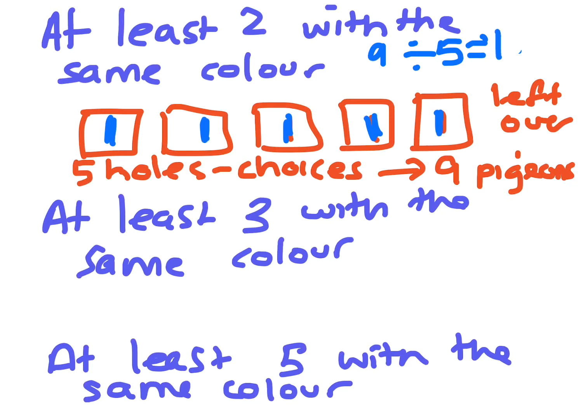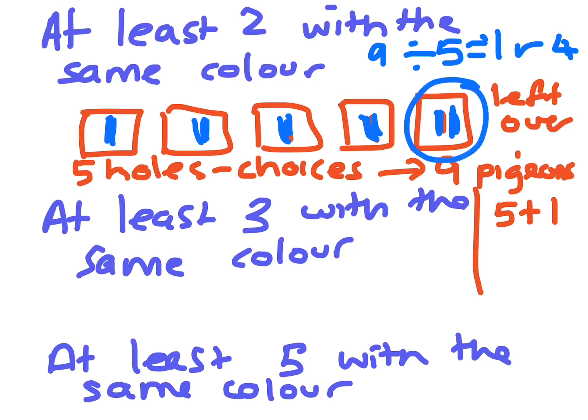You get 1, with a remainder of 4 left over. So if you put 5 of them in one hole, once you get to the next one, which is 5 plus 1, so once you get to the 6th pigeon and you go to place the 6th pigeon, you only have to go 1 more pigeon from that remainder of 4 and put them in, and you would have at least 2 pigeons in one of the holes.